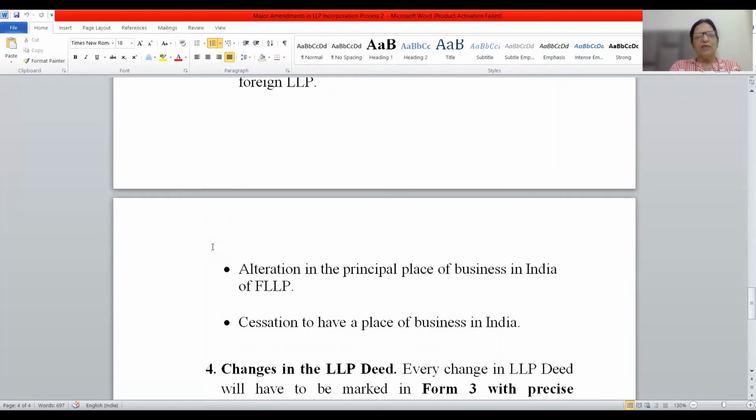If in a foreign LLP the principal place of business changes, then also the same form is required to be filed. Cessation to have a place of business in India. Now if the LLP ceases to have a place of business in India, this is also another point where the same form needs to be filed.